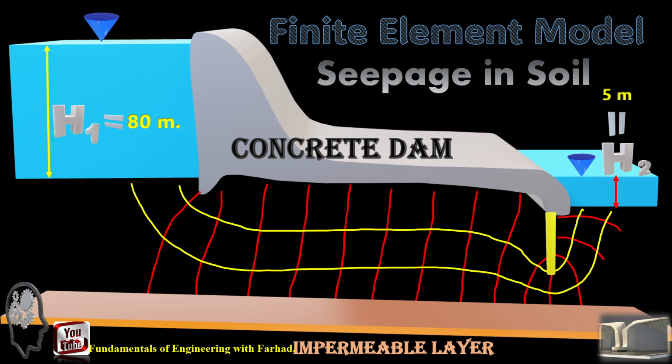which you can see in the figure, we want to know what is the velocity at a point given A. So this is our soil beneath the concrete dam, and it eventually reaches an impermeable layer of rock at the very bottom of the soil layer.